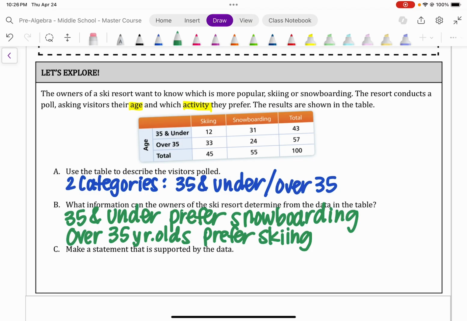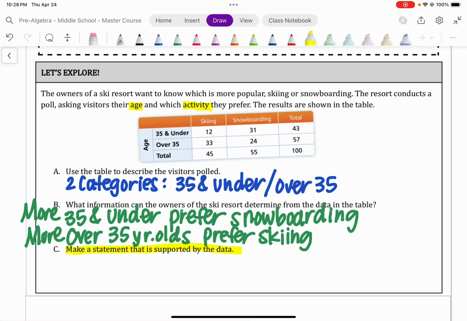Make a statement that is supported by the data. And I really should say more over 35-year-olds prefer skiing, and more 35 and under-year-olds prefer snowboarding. Now, when it asks to make a statement that is supported by the data, there's a lot of different ways you can do this.